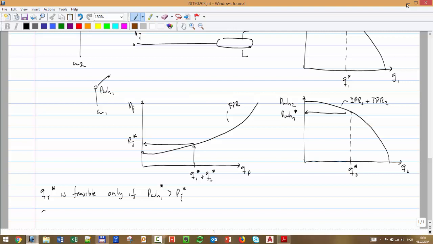Okay? And then Q2 star is feasible, I'm able to produce, only if PWH2 is also greater than PJ star. And then I'm fine, I'm a happy man, I don't care. I can go talk to Schlumberger, Halliburton, find me a choke, but I know I can have this rate. Okay?